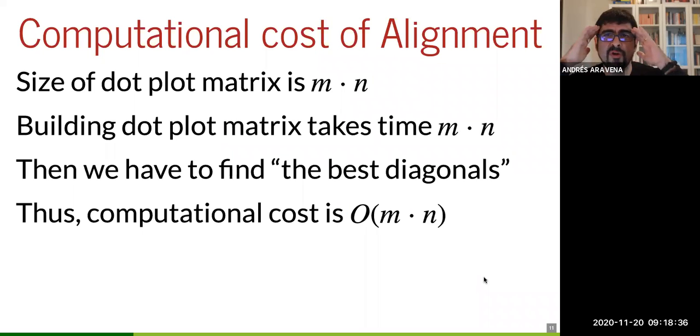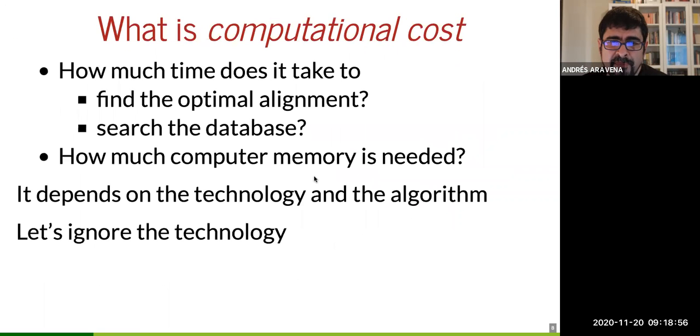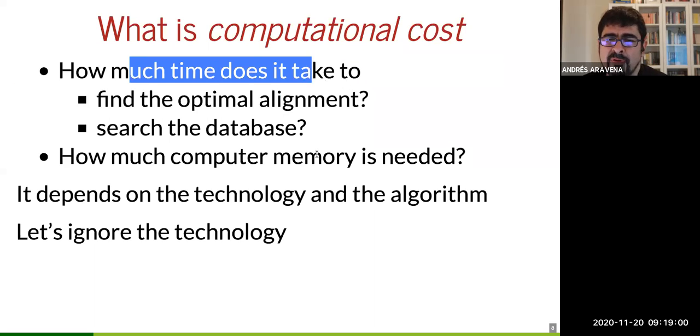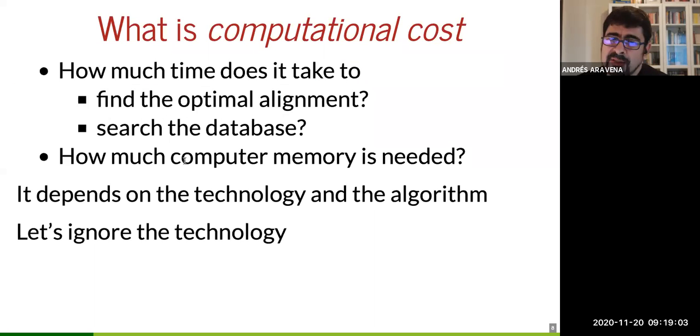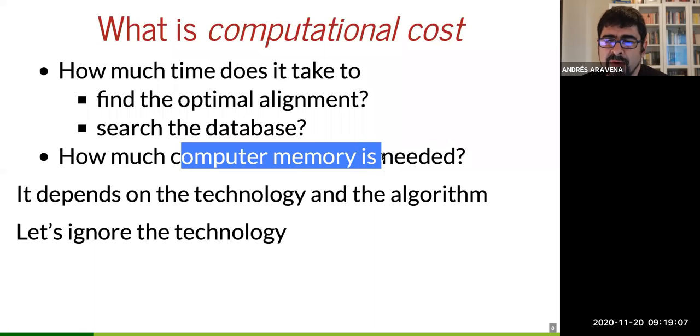Computational cost is how much time it takes to solve a problem, depending on the size of the input. You know that a small size will take less time than a big size. So what is the relationship between the size of the input and the time it takes to solve? So let's go again. The first approach is how much time it takes to solve a problem, or in some cases, the other part of the computational cost is how much memory you need.